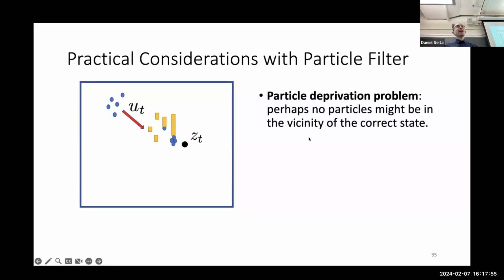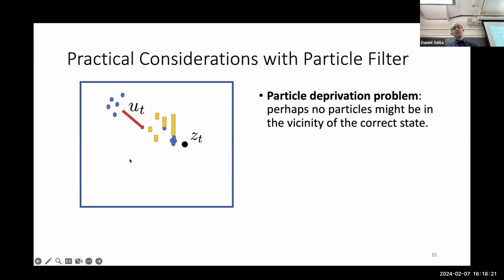The particle deprivation problem. So what you're seeing here is that the number of unique hypotheses that the particles represent goes down because many of them got mapped to the same hypothesis, right? Now, if the true location is over here, then sure, maybe it's okay to have more there.